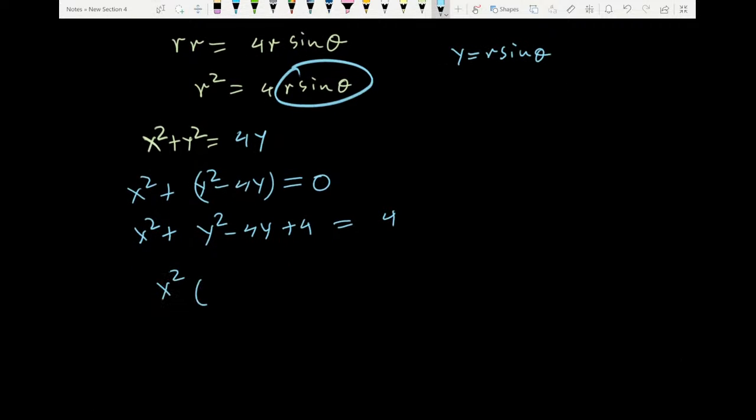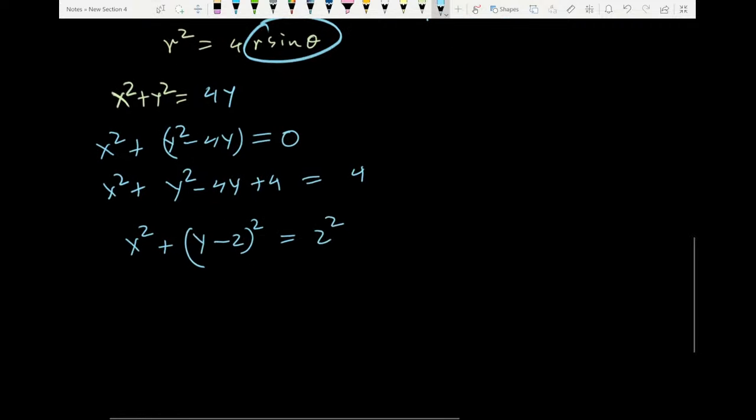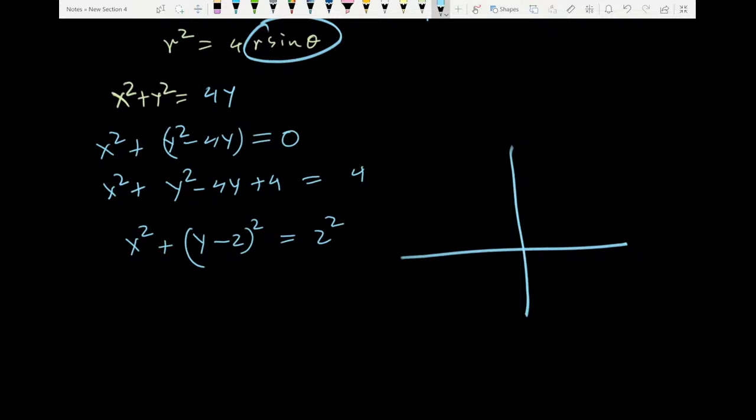So this equals x squared plus (y minus 2) squared equals 2 squared. So it looks like a circle with a shift. It's shifted by 2 and the radius is 2. Oh no, it's shifted up 2. So it's shifted up 2 and the radius is 2. That's your circle.